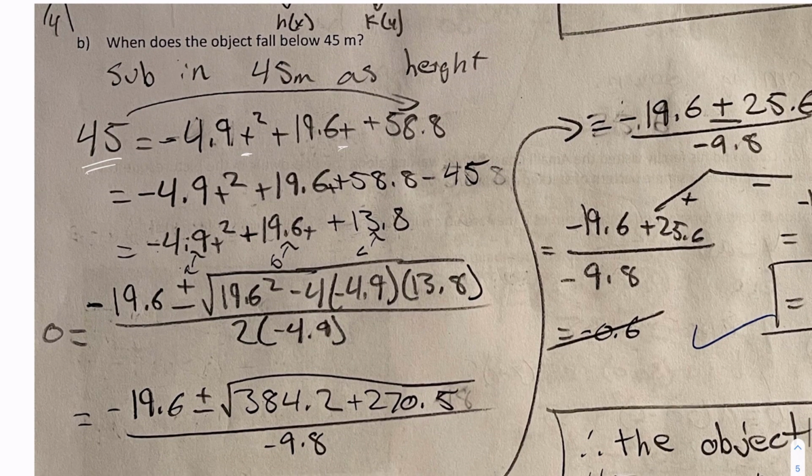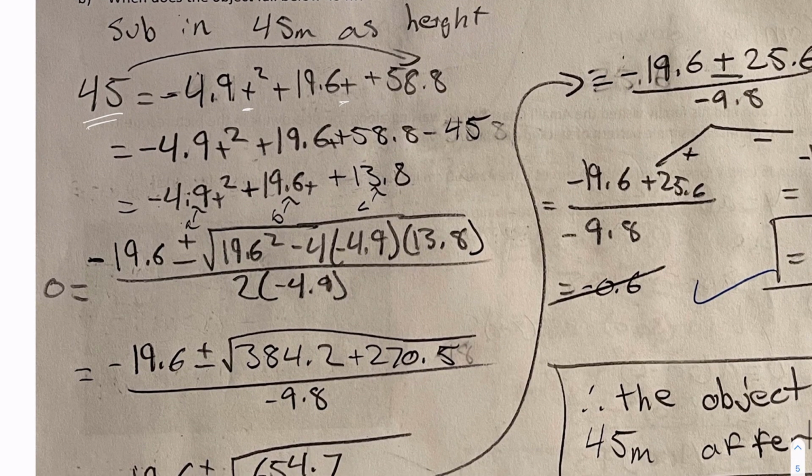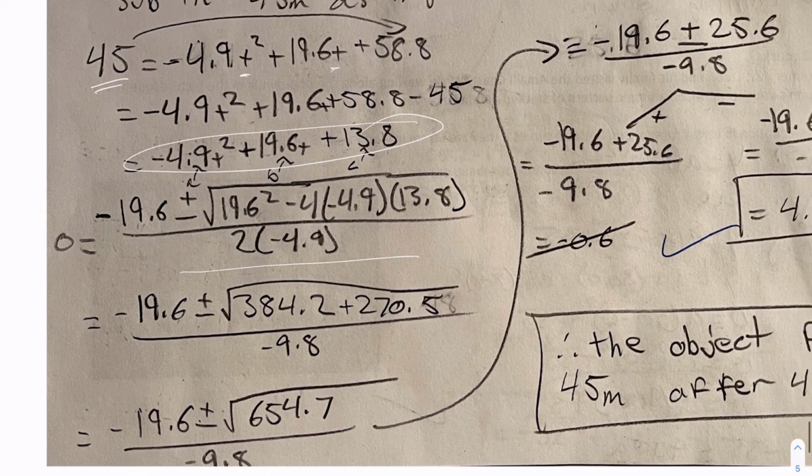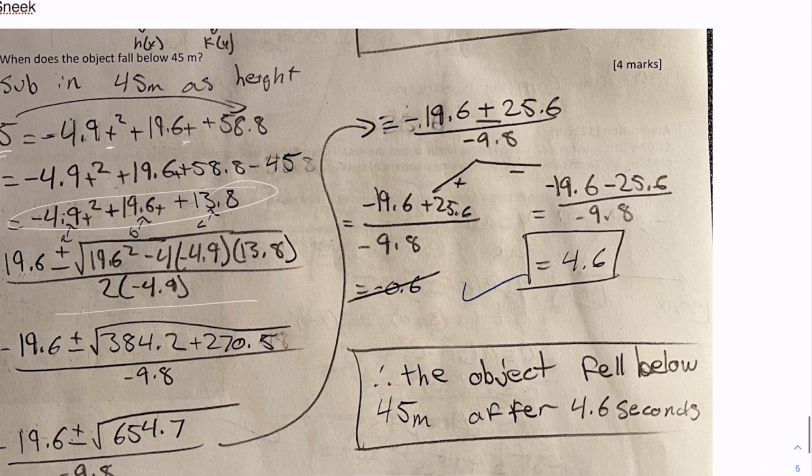Once again, the beloved quadratic formula. He brings everything over to the right-hand side and identifies his a, b, and c values, as you can see in this step, plugs them into the equation, does all the work, which I will not go through, and ends up with two values, 4.6 and negative 0.6.